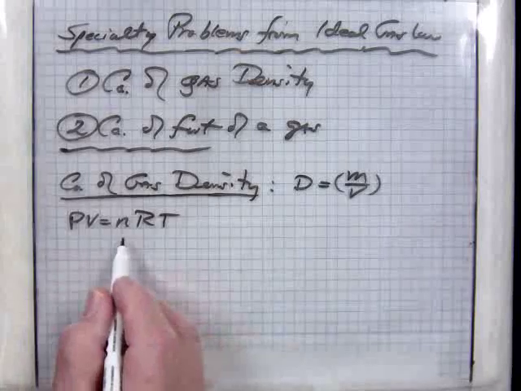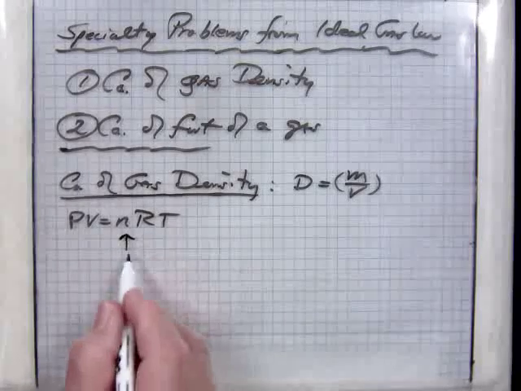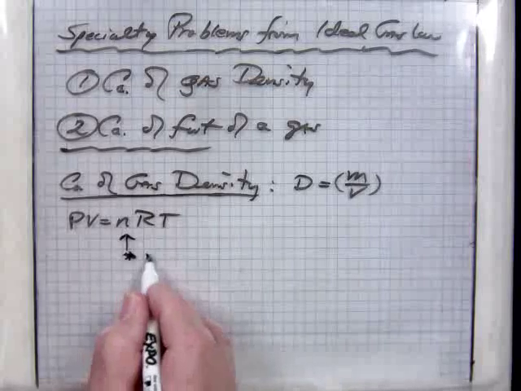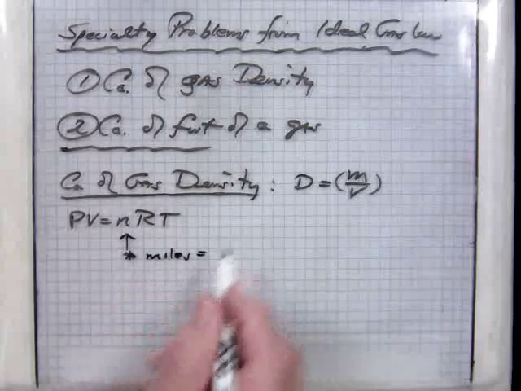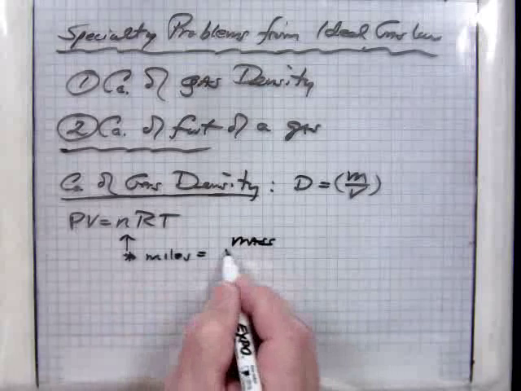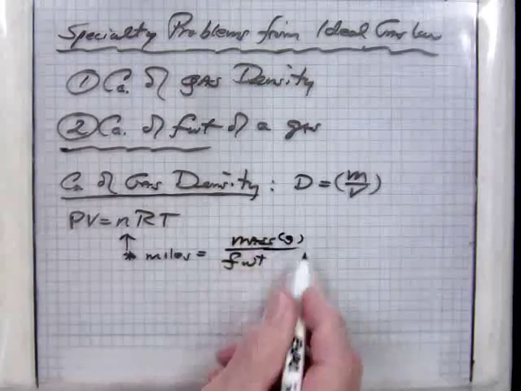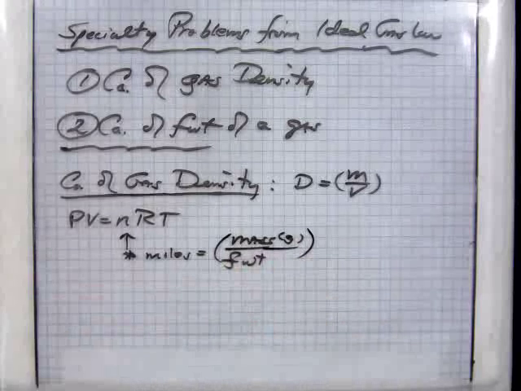Now you find that you can do that by recognizing what n is. n is moles, which is mass over formula weight. How do you convert grams to moles? You divide by formula weight in grams per mole.